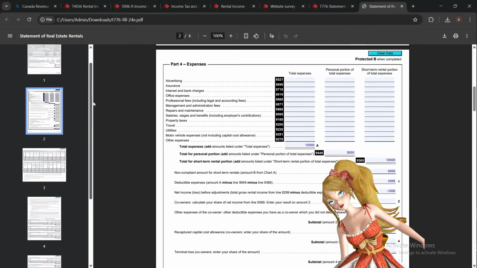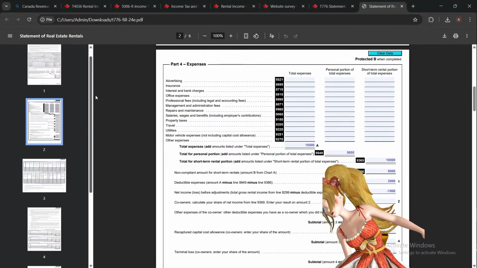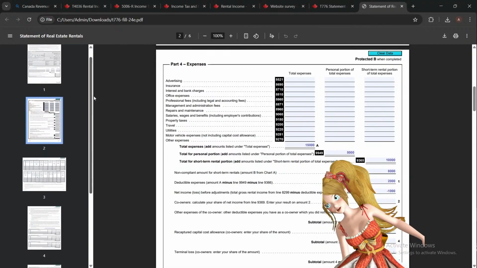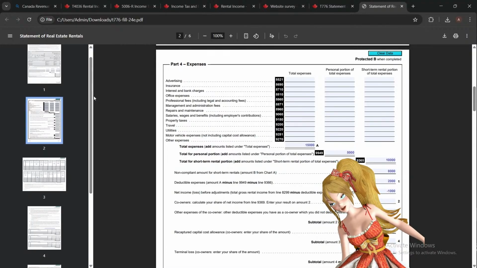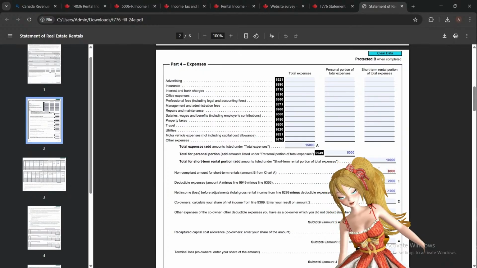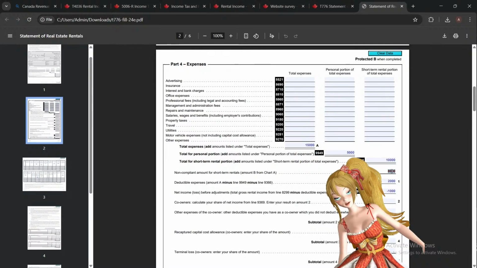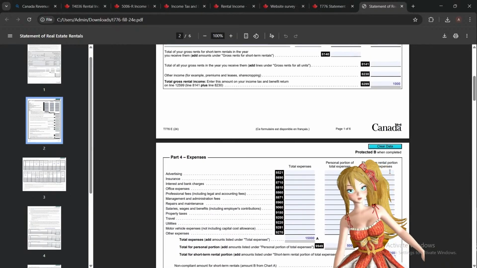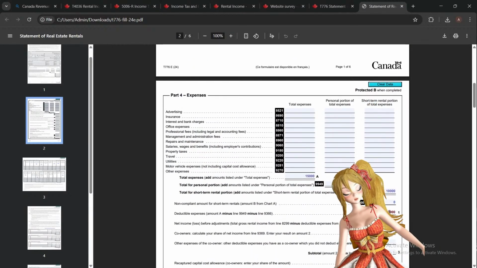A 0 for non-compliance, which would make my net income 9K minus 9K. What? Wait, so I filed it wrong? But they were non-compliant. They didn't pay the amount. Okay, let's say I put 0. Then I earn 1,000.